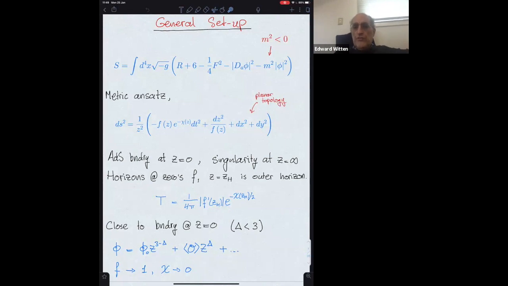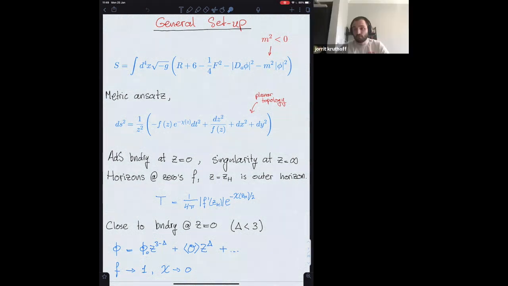So what you're generalizing with this relevant operator is a kind of black brane rather than the AdS black hole that you started with. That's right. Yes, that's right. The things I will discuss will also occur for spherical black holes. Actually, there was a paper, I think, a couple of months back that discussed our setup for spherical black holes. But indeed, ours is more like a black brane. That's right.